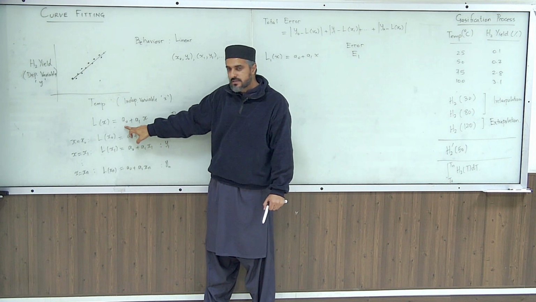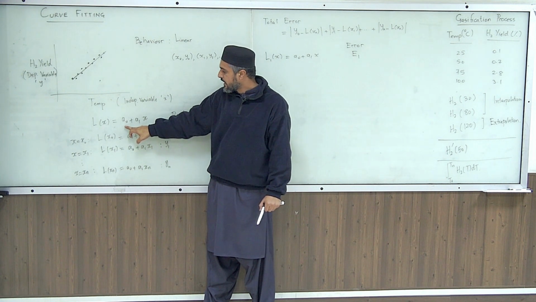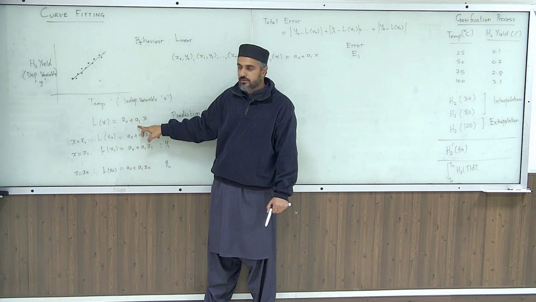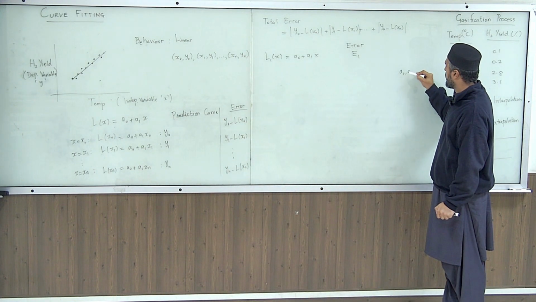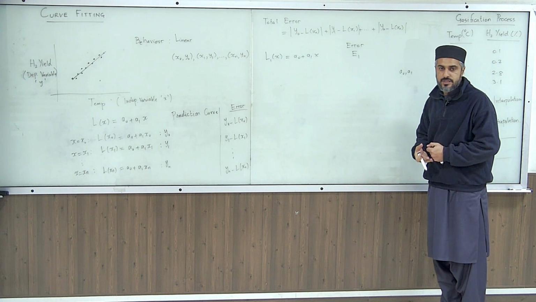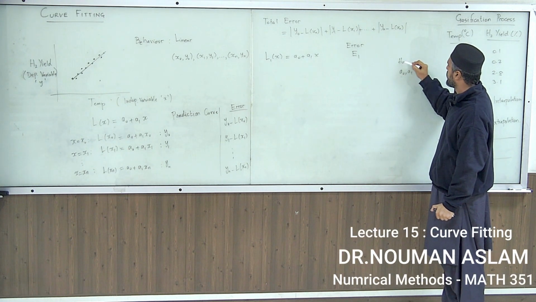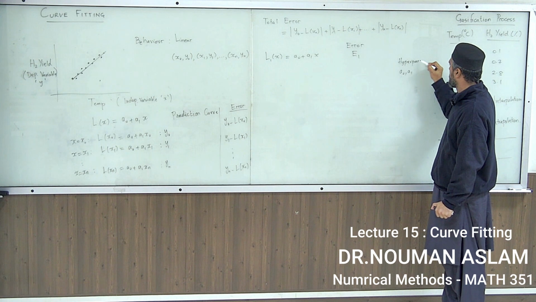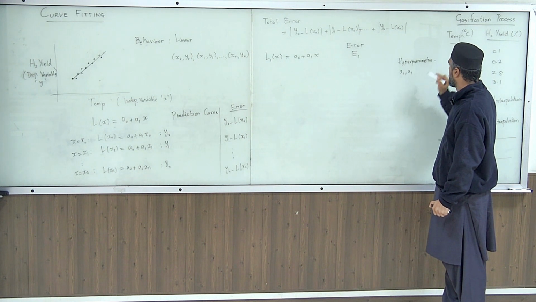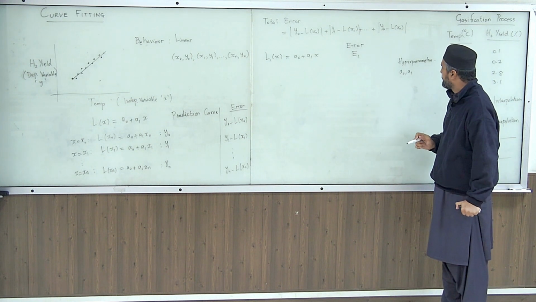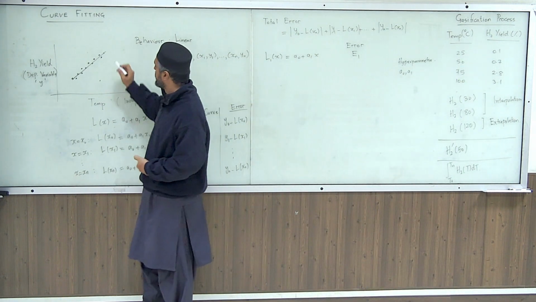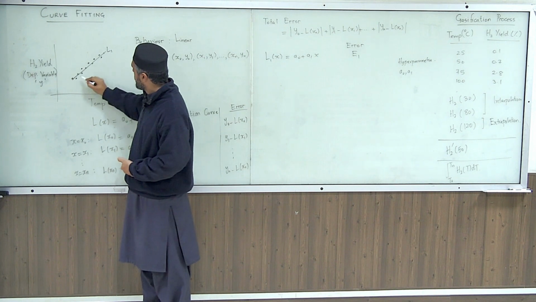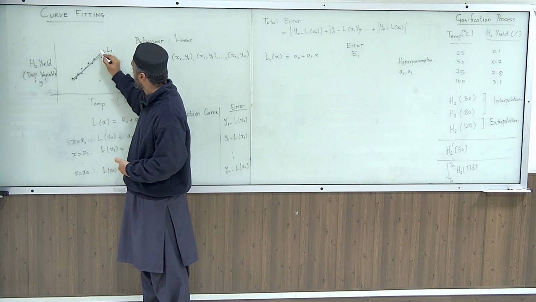So to change this linear line, what can I change? I can change this a naught and this a1. By the way, in the language of machine learning, this a naught and a1, which are responsible for changing the prediction curve, are called hyperparameters. If I wanted another line fit within this data, this is maybe line number 1, and line number 2 can be this line.